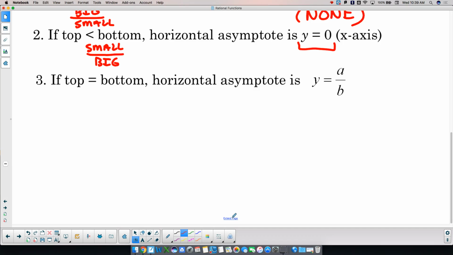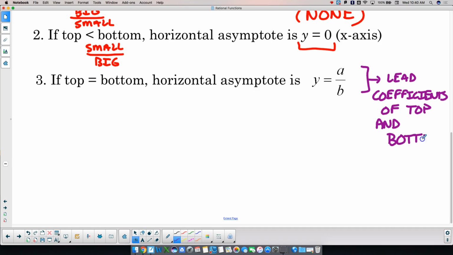So if they both have the same degree, then my horizontal asymptote is the line y equals a over b, and a and b are the lead coefficients of the top and the bottom. So if they're the same, lead coefficient, top and bottom.